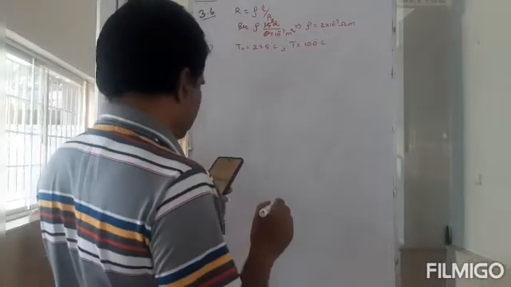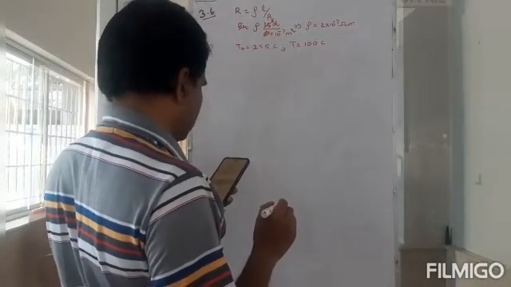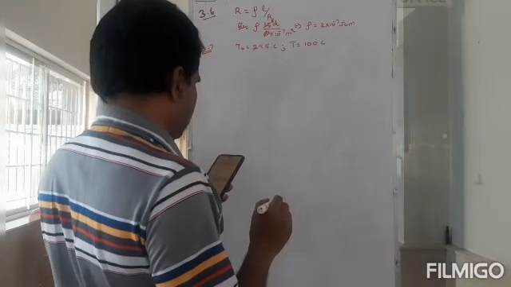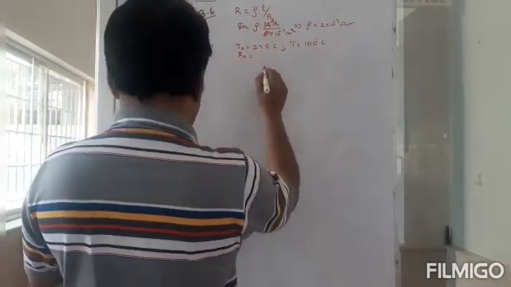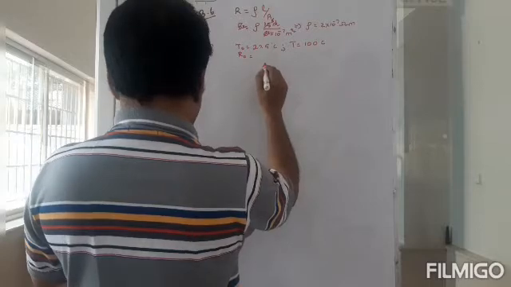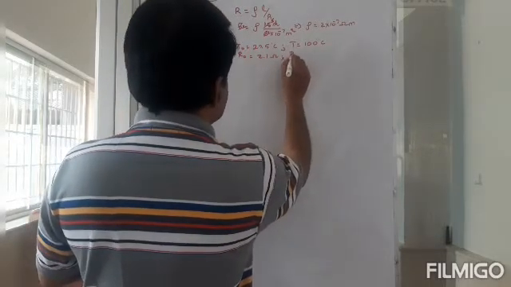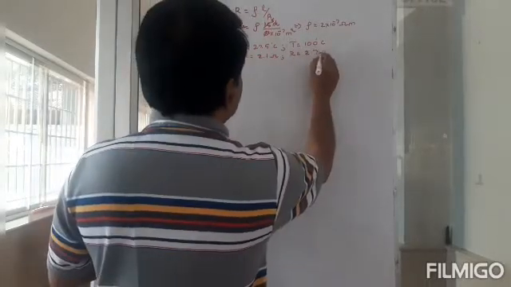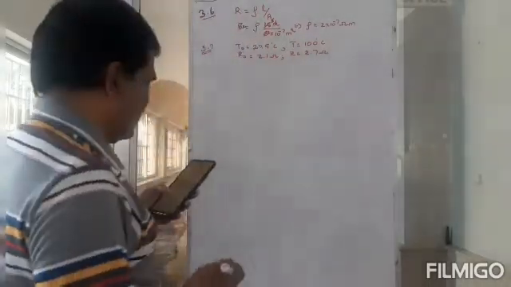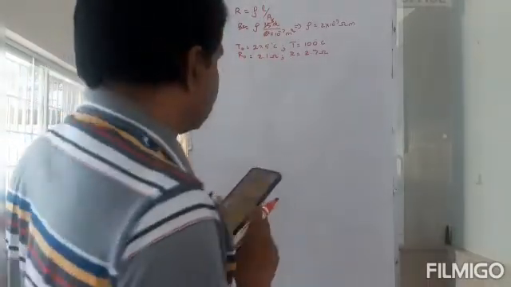And the resistance at 27.5 degrees, I call this R naught, that is 2.1 ohm, and the resistance at 100 degrees Celsius is 2.7 ohms. Okay. Now they want you to find the temperature coefficient of resistivity of silver.